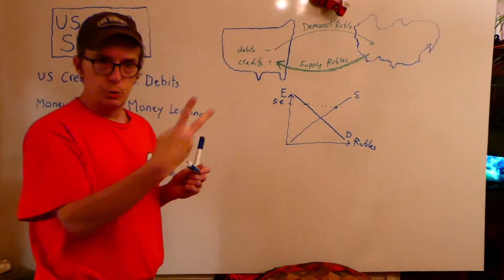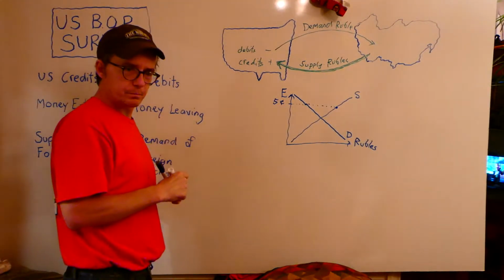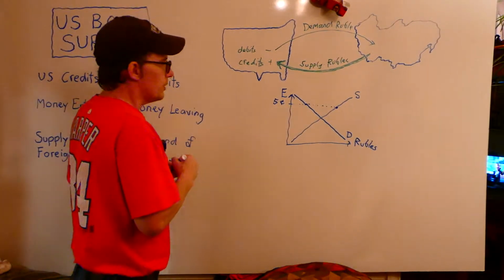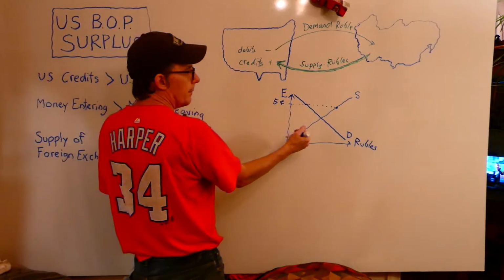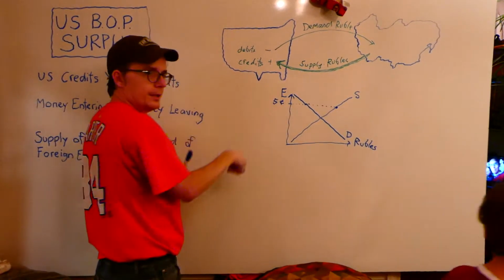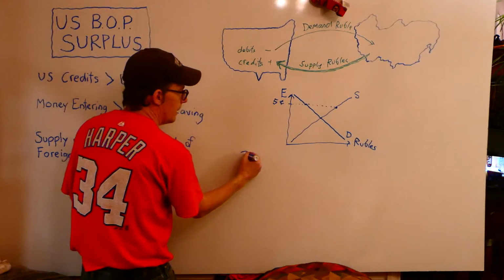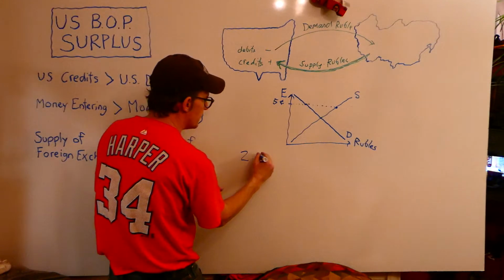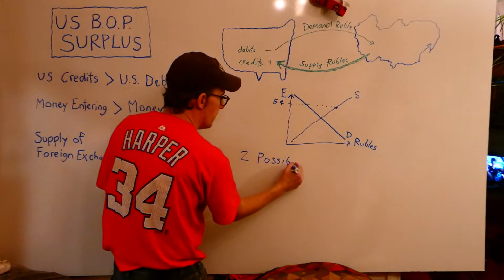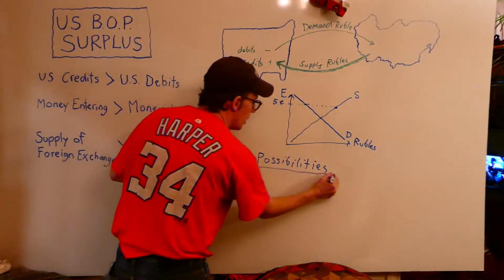So again, two things can happen. One of them would be, let's say the central bank doesn't do anything. Hands off, this is a free market, let the market decide. So if that happens, the market is going to use the invisible hand and push the exchange rate to where the market wants it to be, right there. So again, two possibilities, the opposite of when we did the deficit.